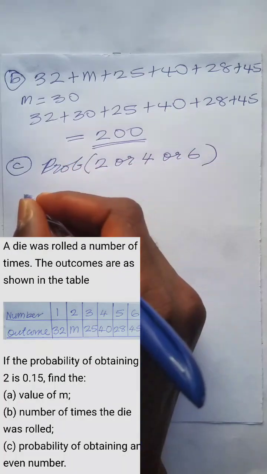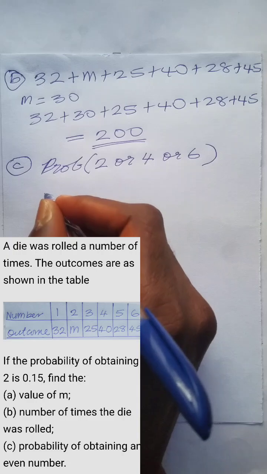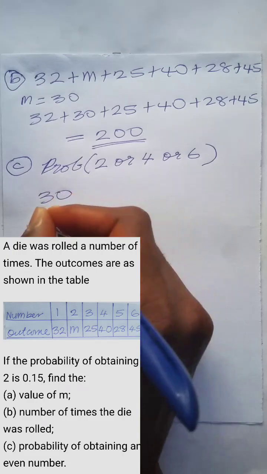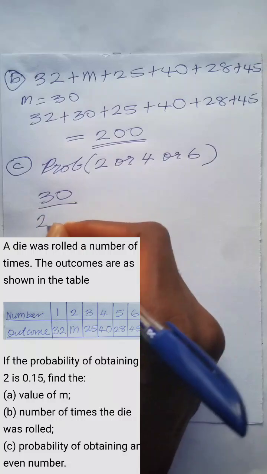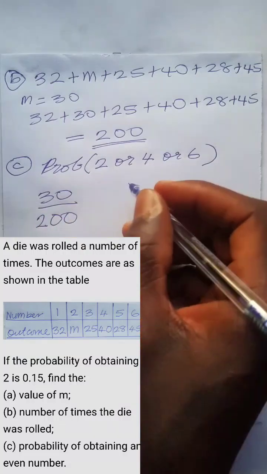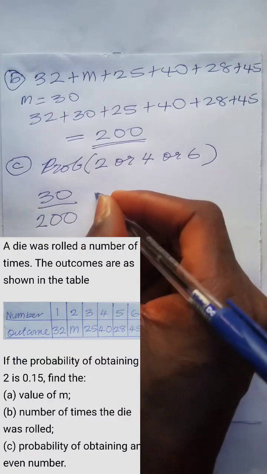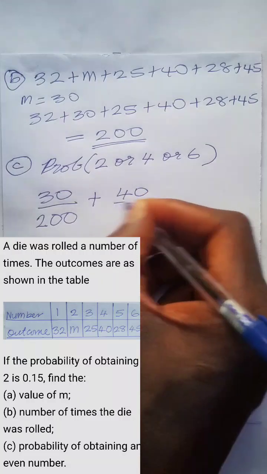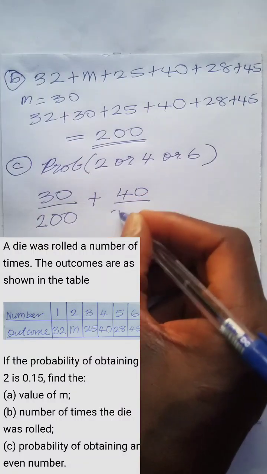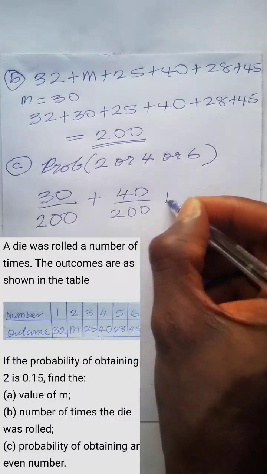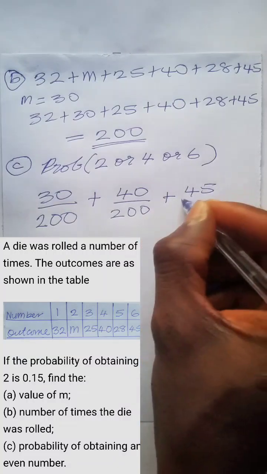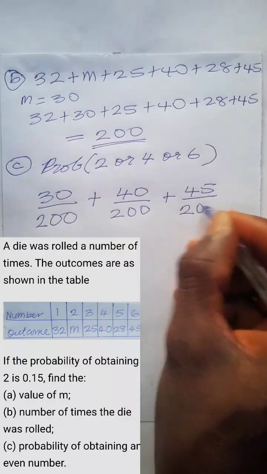So what's the probability of having a 2? We had 30 over the total number of times, that is 200, plus the probability of having a 4 is 40 over 200, plus the probability of having a 6 is 45 over 200.